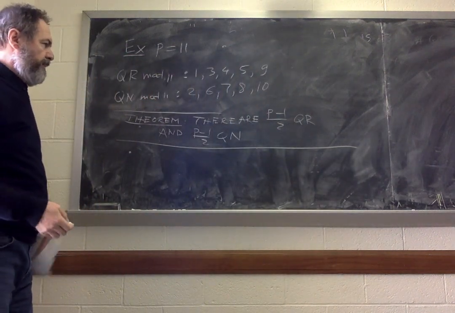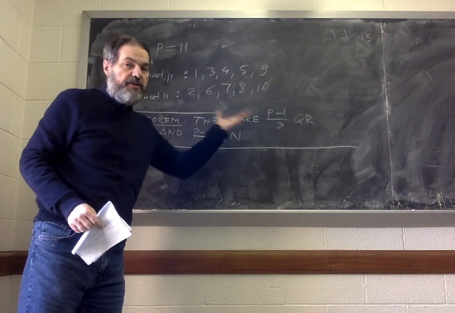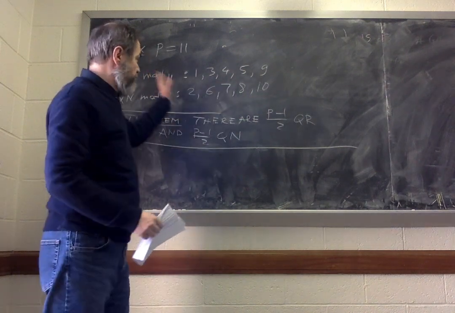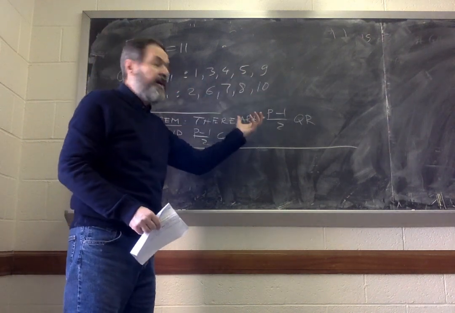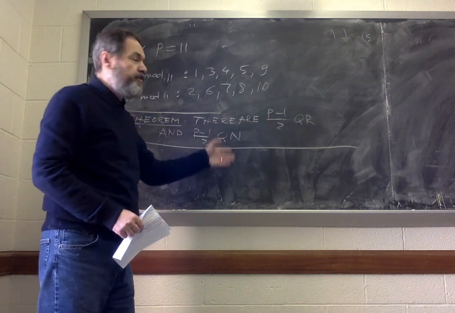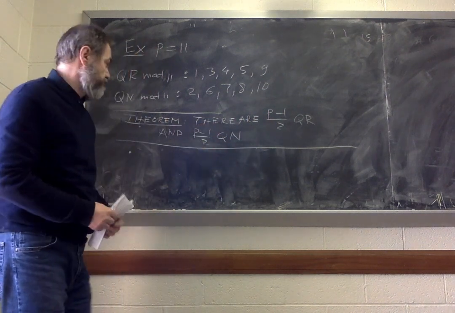Of course there are infinitely many quadratic residues, as we noticed, but in any interval of length p, there are exactly p minus 1 over 2 quadratic residues and p minus 1 over 2 quadratic non-residues.